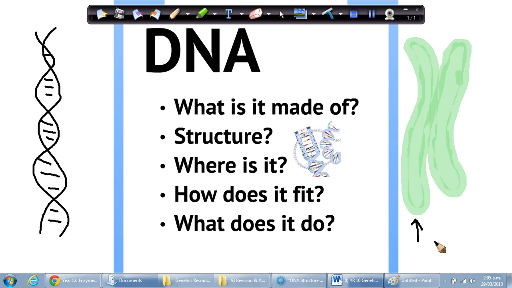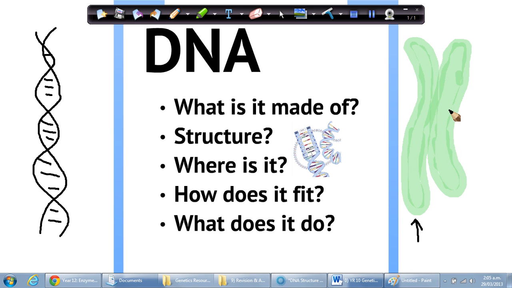I wouldn't worry too much about that, but a chromosome is a DNA sausage, a structure that's made out of coiled up DNA. If we took that and unwound it, we'd have a massive long length of DNA. And we see them best during cell division when there's a double copy. So it's this double DNA sausage, each sausage containing an exact copy of the other, that we call a chromosome.